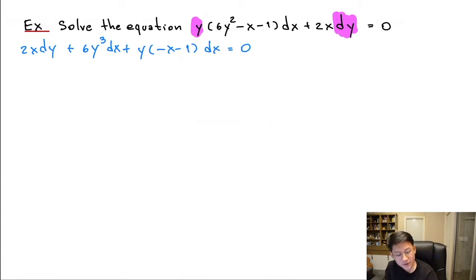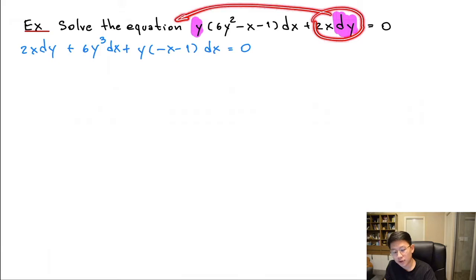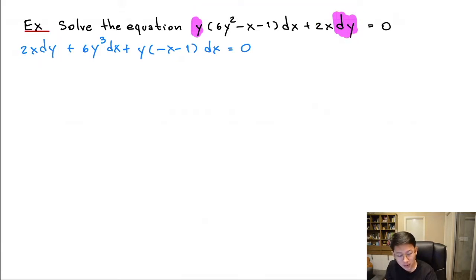First, I move this to the front, so I get this. Okay, and then I multiply y in here, so I get 6y cubed dx. Here y, I keep it outside, and then I have this inside.